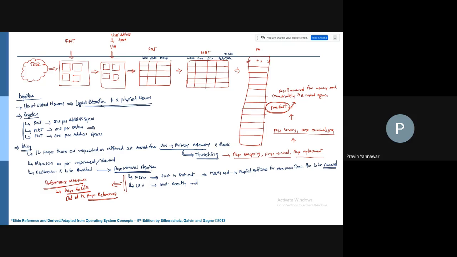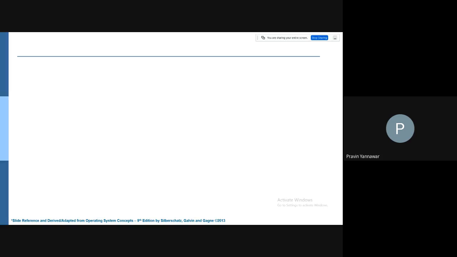So the next is, okay, if it is a page removal algorithm, then how is it going to work? This is a very important aspect. Let us try to understand a page removal algorithm. We are going to work with a very simple page removal algorithm, that is first in first out, FIFO page removal algorithm.